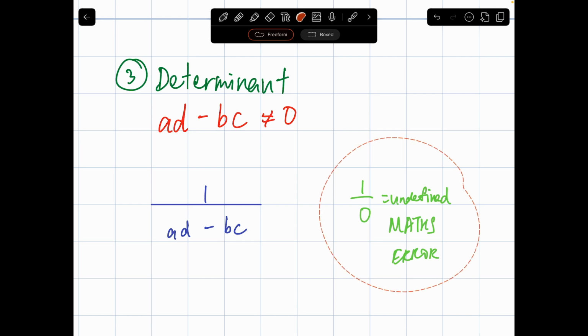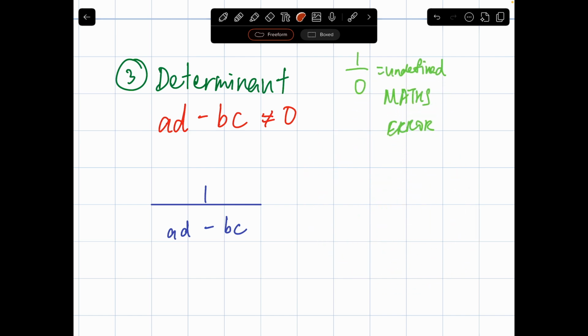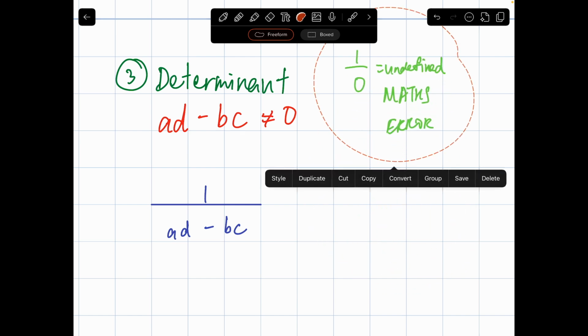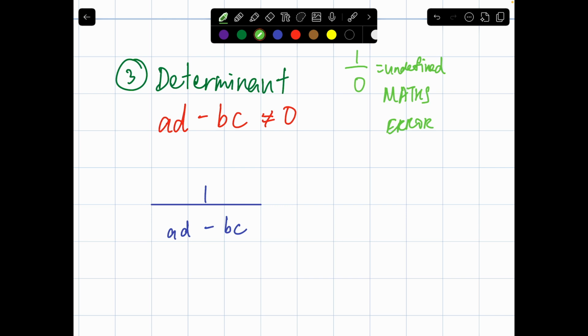So, following this principle, we know for a fact that AD minus BC cannot be and must not be 0. If, for example, they give A as 7, D as 2, and then they have 1 here and 14 here.